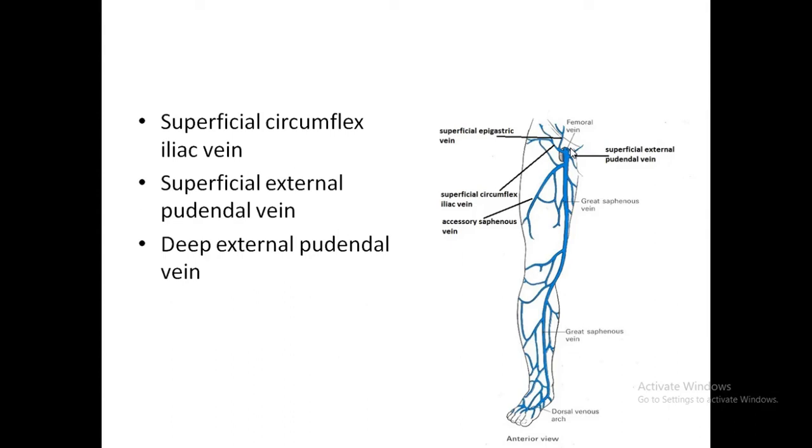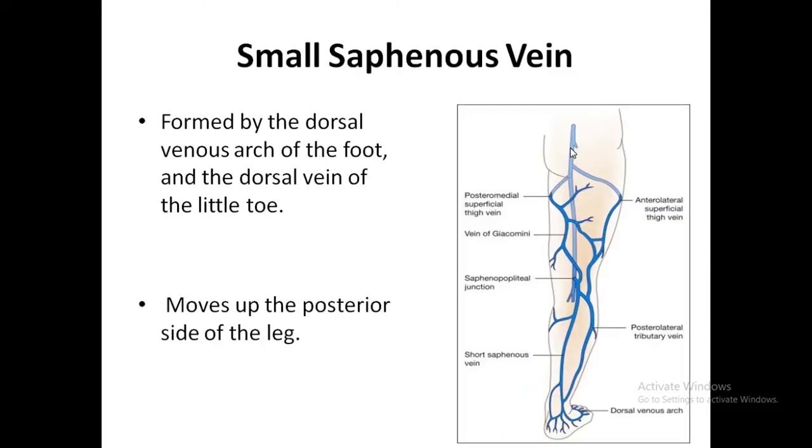Then we have the superficial external pudendal vein. It drains part of the scrotum or labia. And finally, we have the deep external pudendal vein. It also joins the long saphenous vein at the saphenous opening. So there are a couple of veins joining the long saphenous vein at the level of the saphenous opening. So this is all about the long saphenous vein.